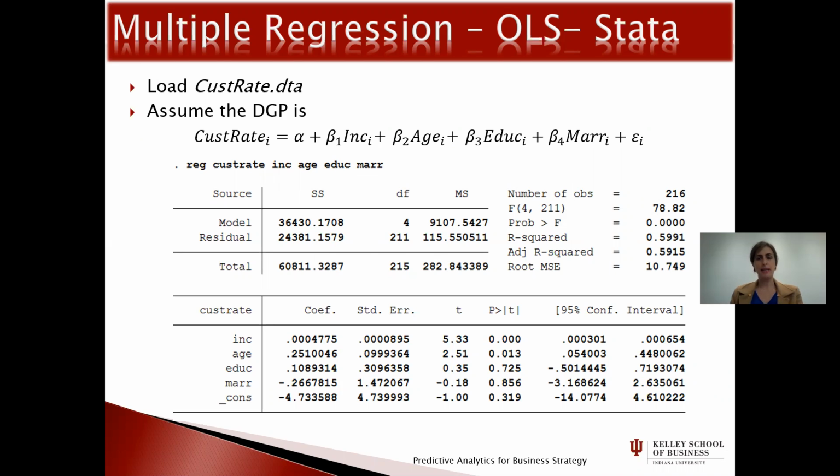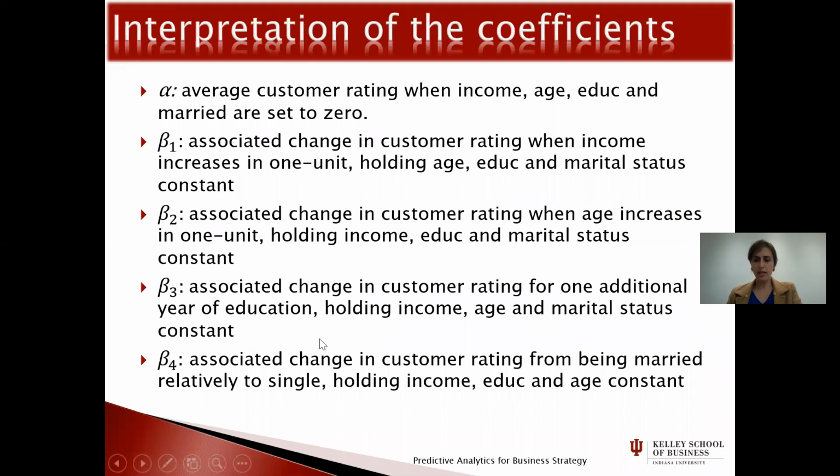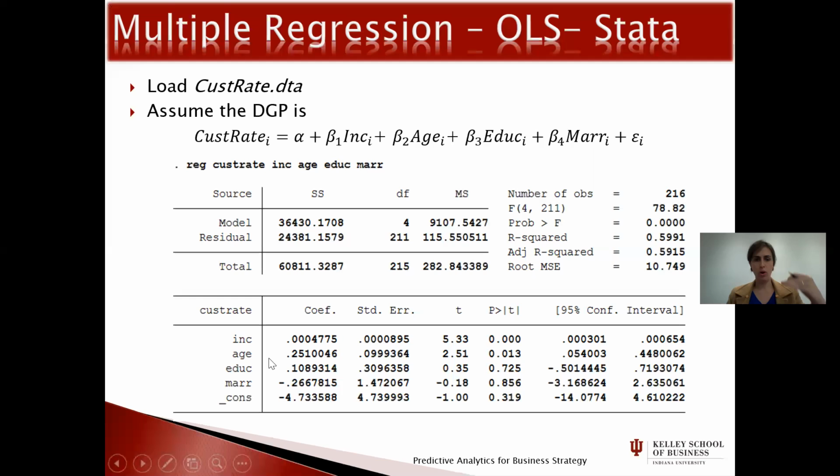The idea is, what is the associated change in rating once we increase our variable by one unit, holding everything else constant? So this model is telling me that if I increase the customer age by 1 extra year, I'm going to see an increase in customer rating of 0.25. That's what the coefficient on age is telling us, holding income, education, and marital status constant.